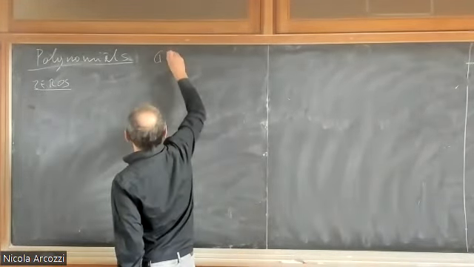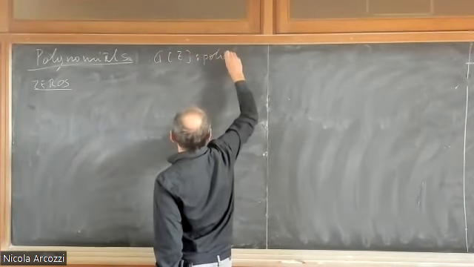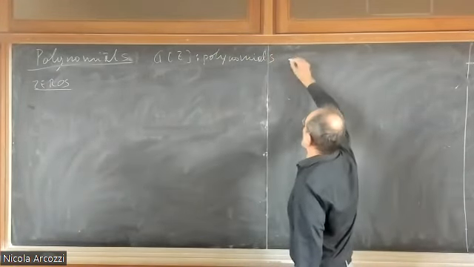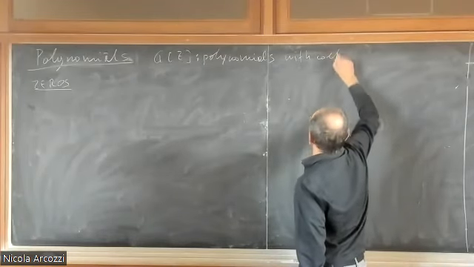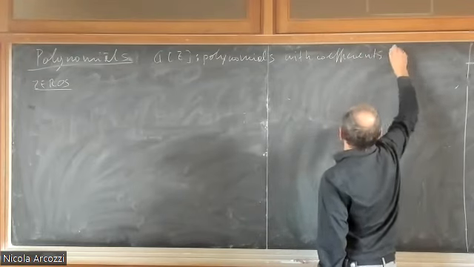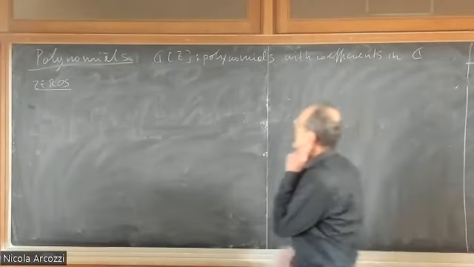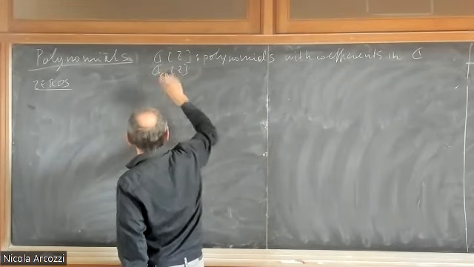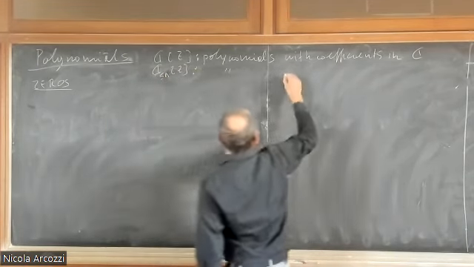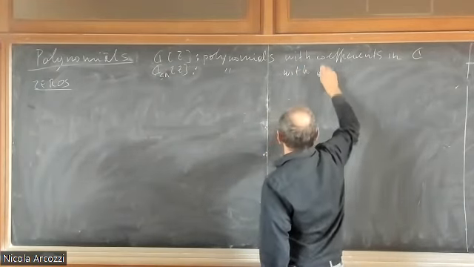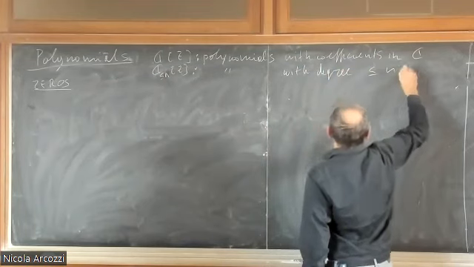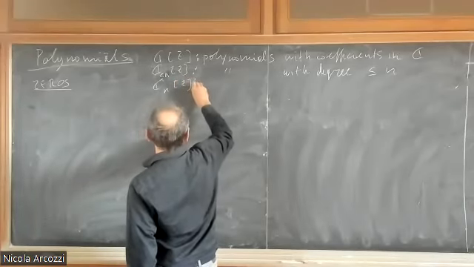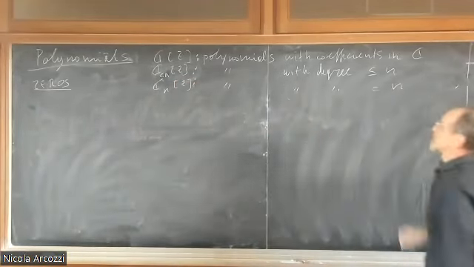P of Z denotes polynomials, and Cn of Z the polynomials of degree less than or equal to n, and the polynomials of degree exactly n.